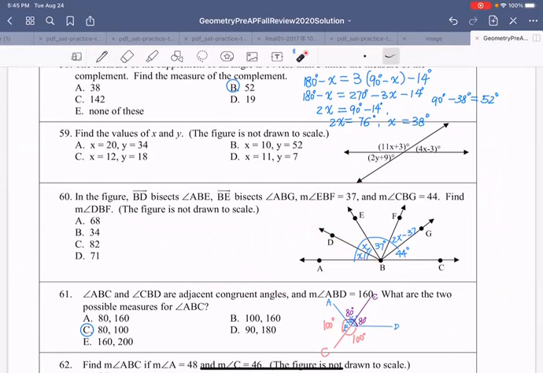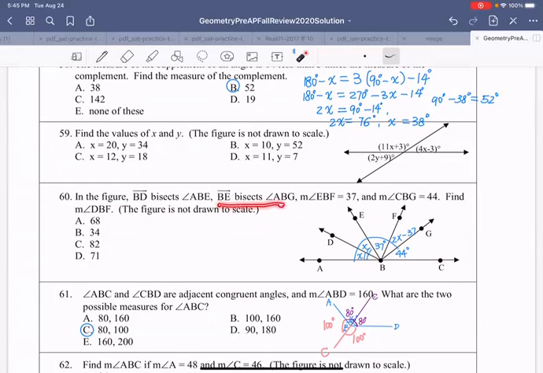Look, I always have the habit of doing word problems this way. When you read it, go ahead and mark something. And you read the next one, you go ahead and mark it. By the time you finish reading, you have everything listed there and you are ready to go. So if this bisects this, and you call this x, this will also be x, correct? All right, next, go ahead.